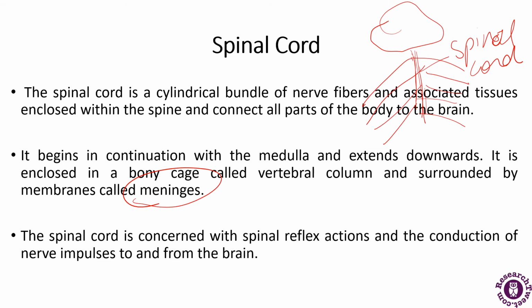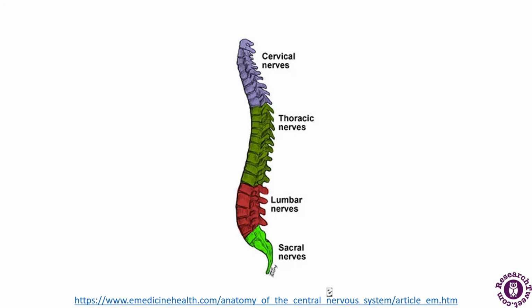Now this is a diagram of the spinal cord depicting the nerves. There are four different colors in which the various nerves have been depicted. There is a cervical segment which consists of cervical nerves, then thoracic nerves, lumbar nerves, and sacral nerves.